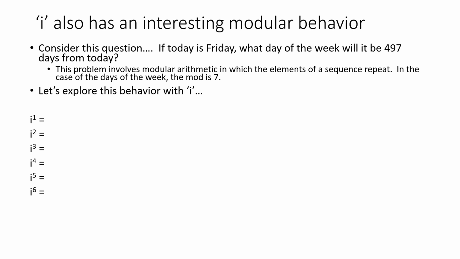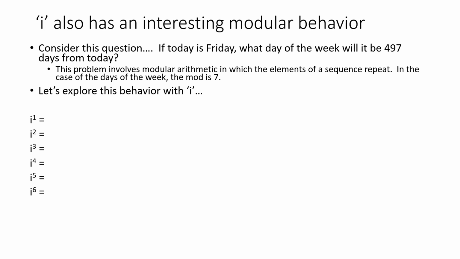But what most students start to realize is that you are going to repeat the days of the week every 7 days. So a better way is to figure out how many groups of 7, how many weeks, are in there, subtract all of those out, and then figure out what's left over.